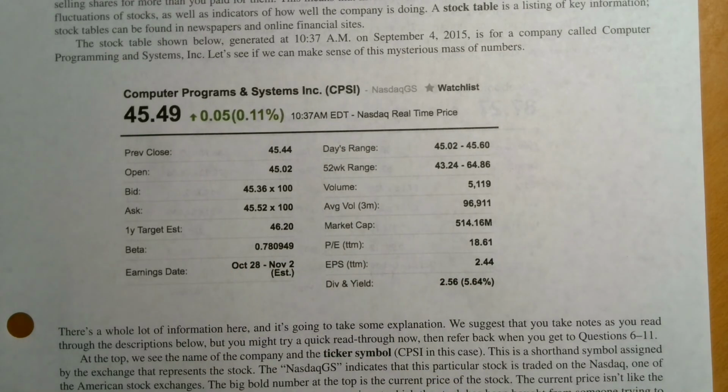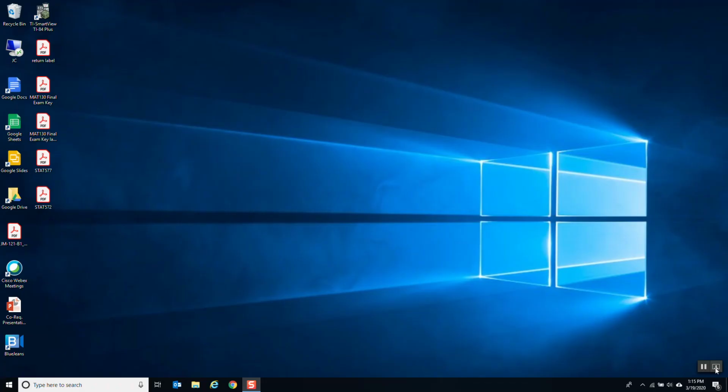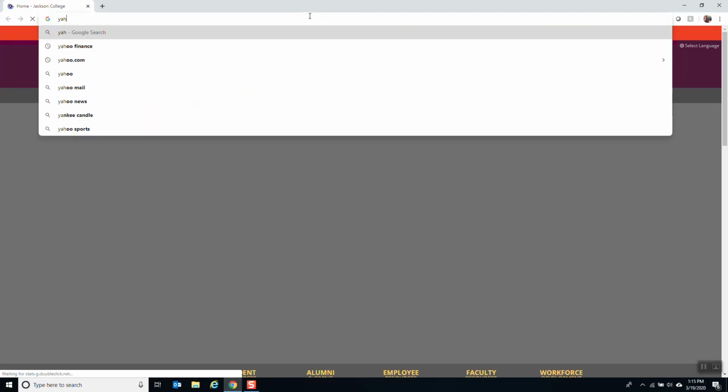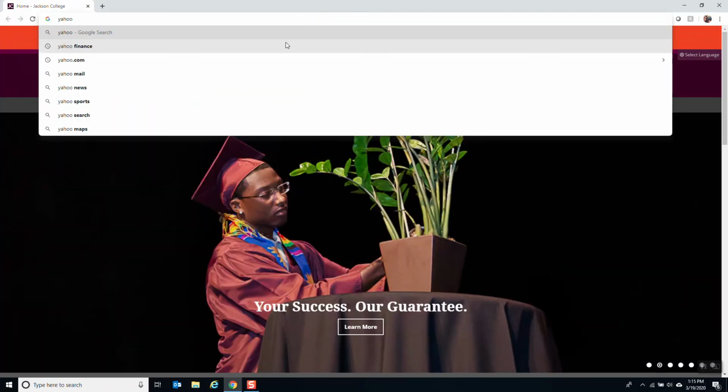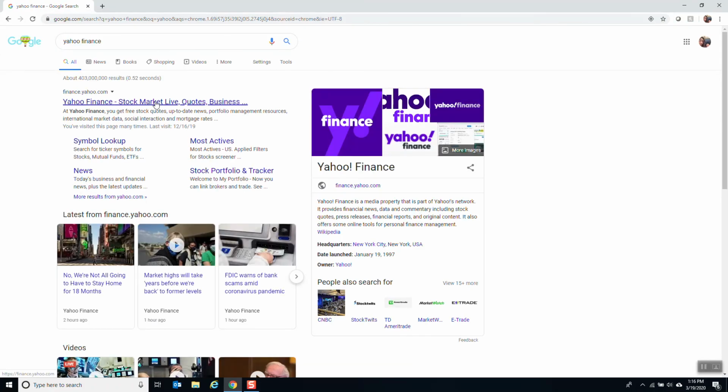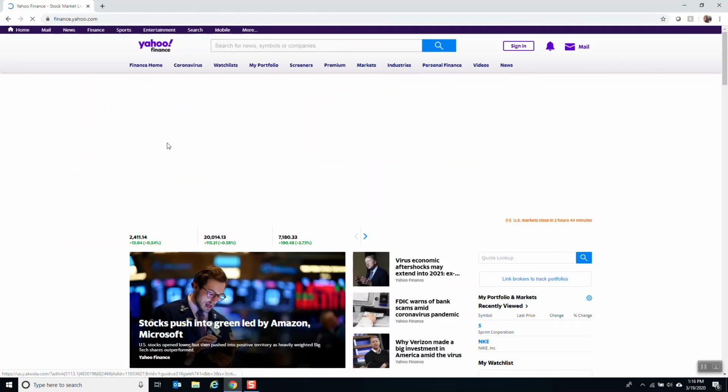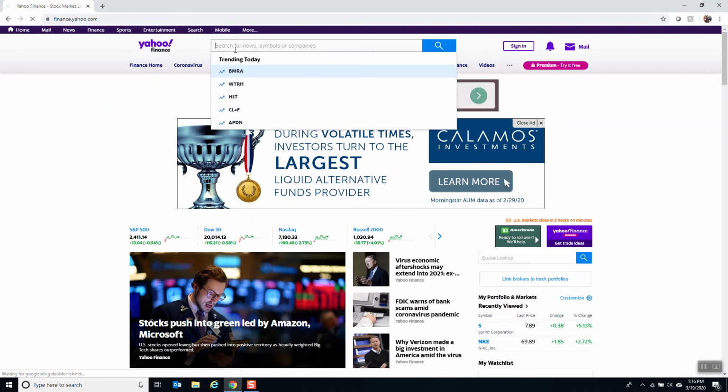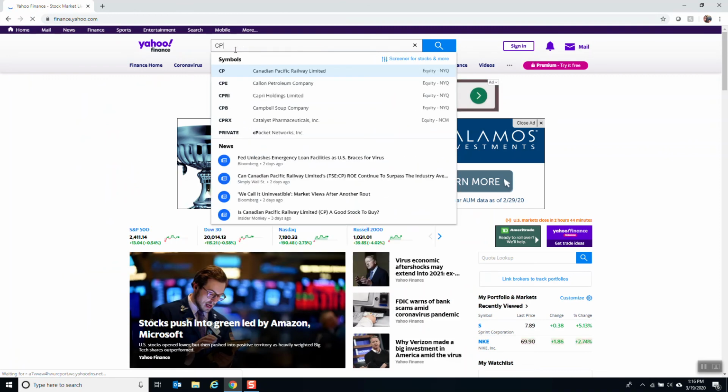So let's go look at this exact company in Google right now and see what's happening. As you may have noticed, if you're watching the markets at all, they are going crazy and dropping like crazy. Okay, so this stock ticker symbol was CPSI. So I just typed that in.